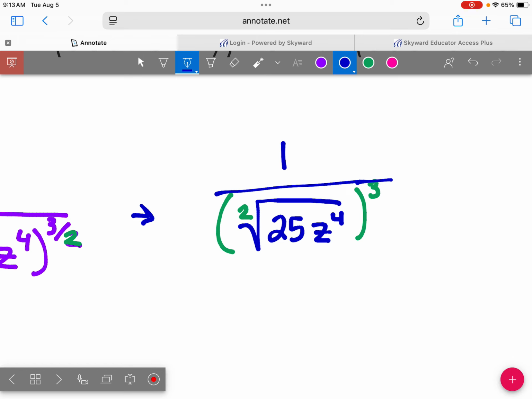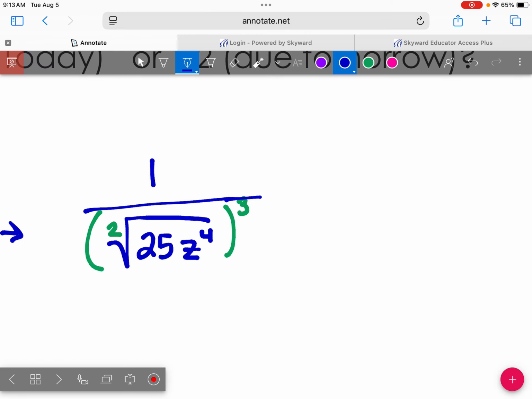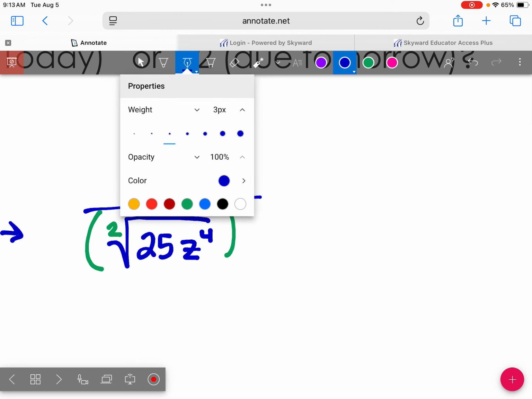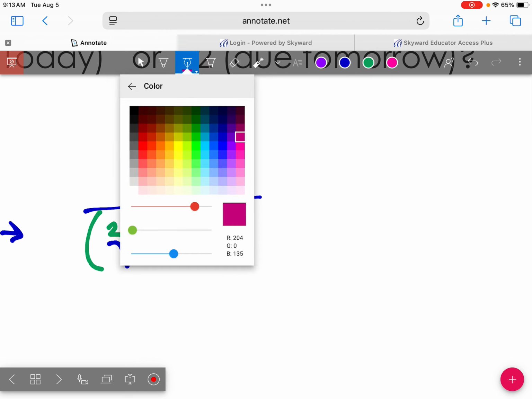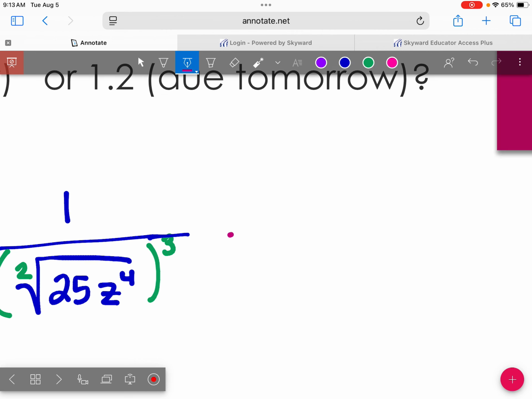Square roots and 25s we like, because what is the square root of 25? 5. What is the square root of z to the 4th? Z to the 2nd. So we can actually take the perfect square. So we're going to have our 1 over, and if I take the square root of 25, we have 5. Square root of z to the 4th is z squared.